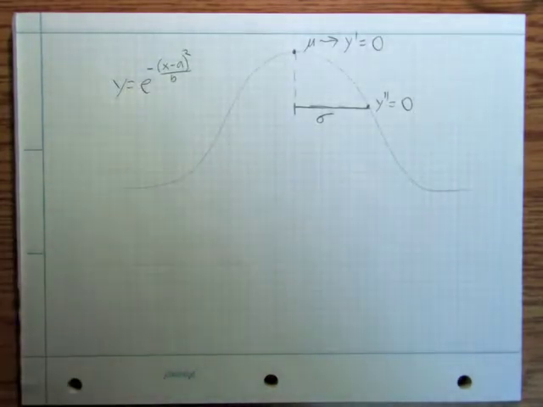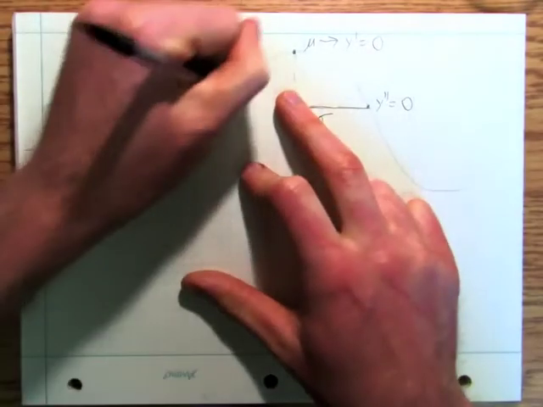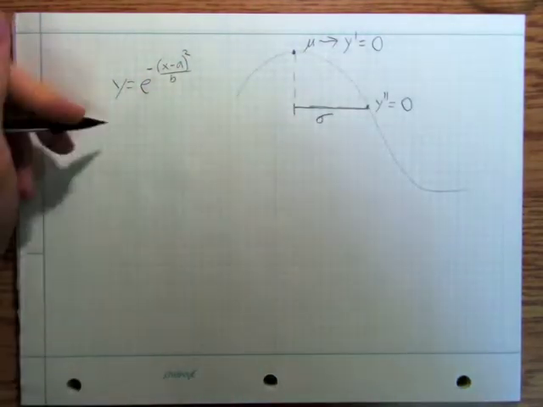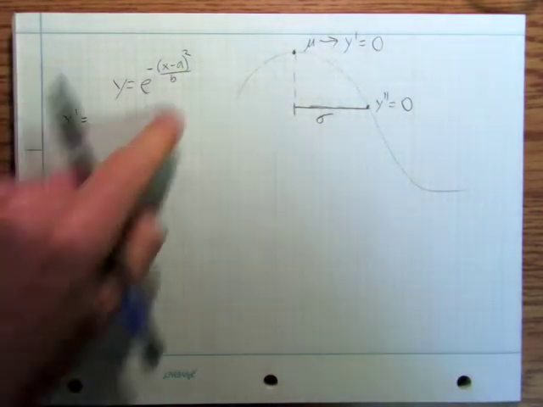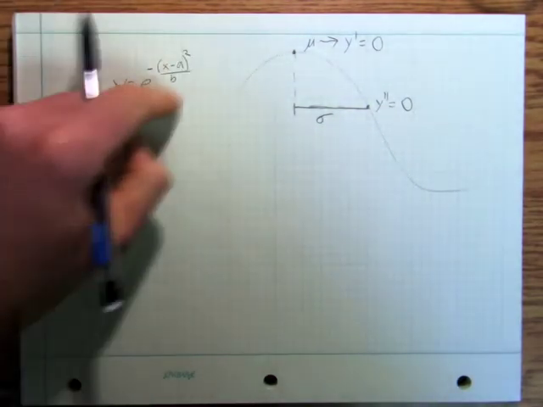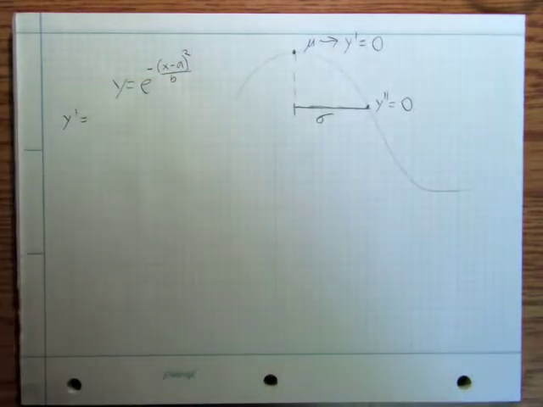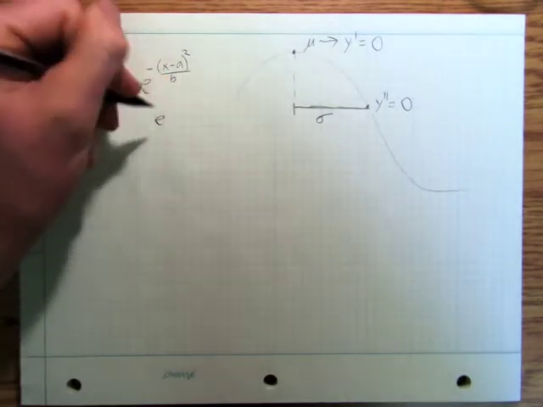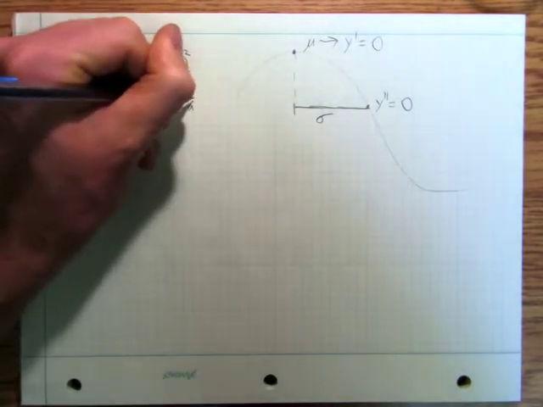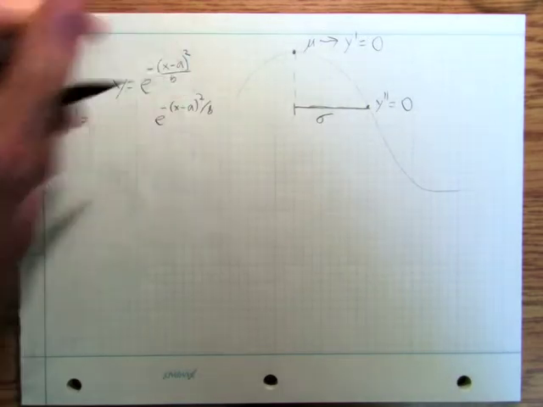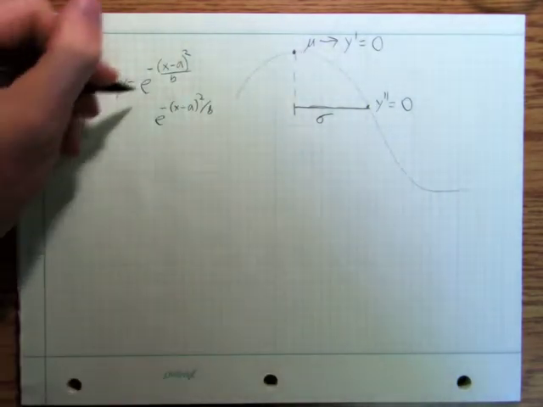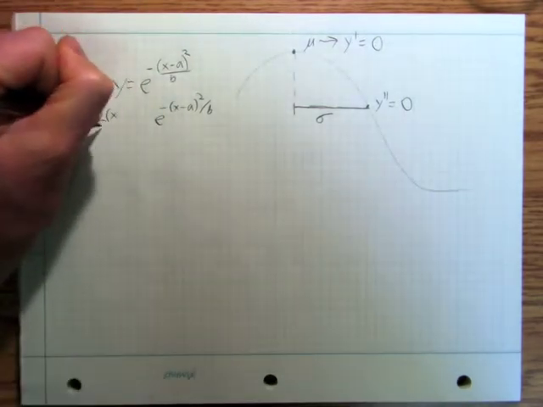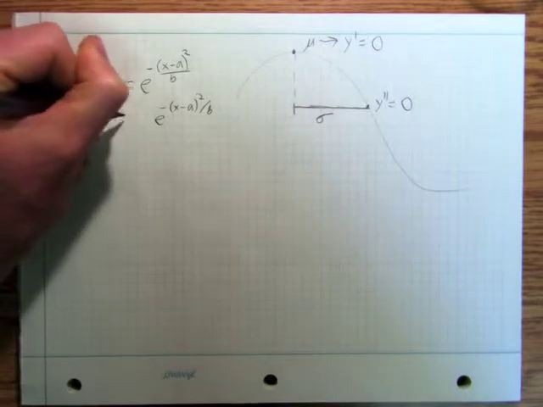Okay, so let's look at this function, and let's take its derivative and its second derivative. So y prime is just a chain rule. I'm going to go pretty fast because we're doing that in this video. I'm going to have e to the negative x minus a squared over b, and the derivative of the exponent out front, which is negative 2 over b times (x minus a).